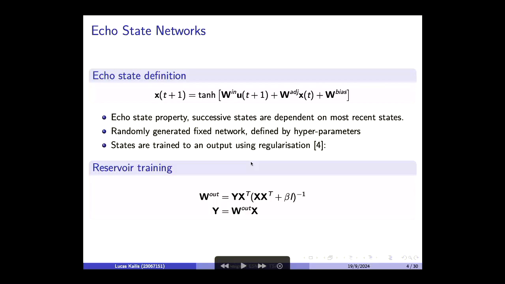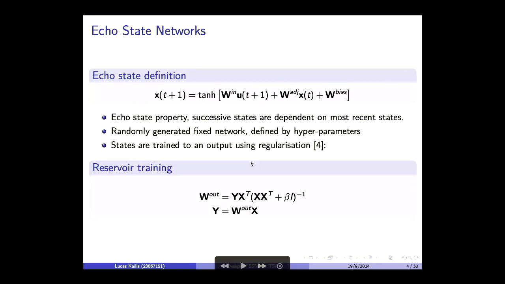I know I have used all W's in my thesis just because I was very limited on the number of variables I still had available. So every matrix in an ESN was V, and the superscript changed their meaning. Actually, W for weight has been used before. Yeah, it was used in the original paper.